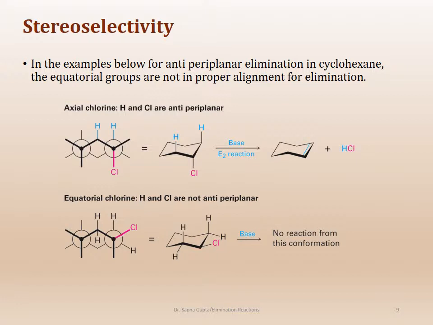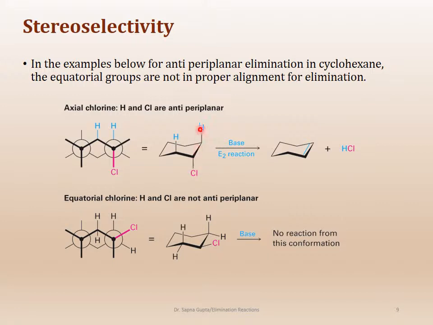So here is an example for the cyclohexane. First of all, the equatorial groups are never going to be in the proper alignment for elimination because they're not sticking out there. They're at an angle, so they're not quite accessible. Which means that the hydrogens that actually have to leave will be axial. So if you have your leaving group over here, the two hydrogens that are available for elimination are going to be anti to it, which means that they're trans to chlorine.